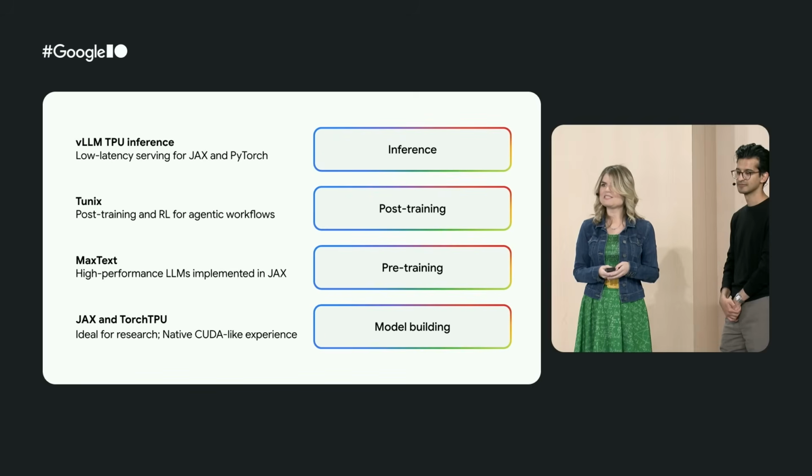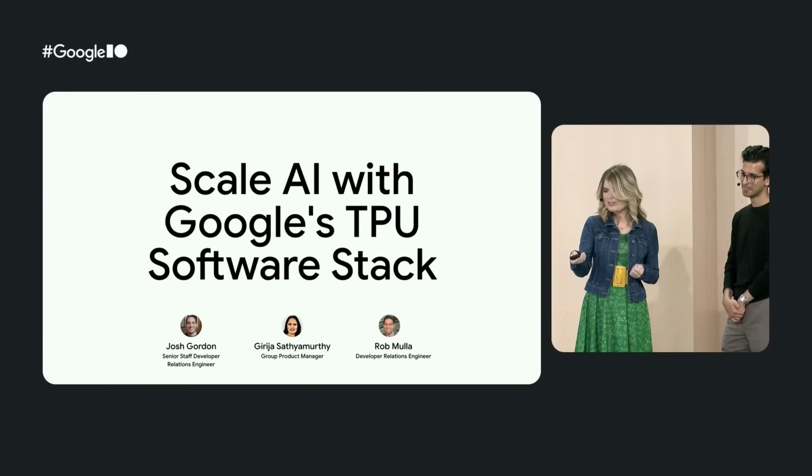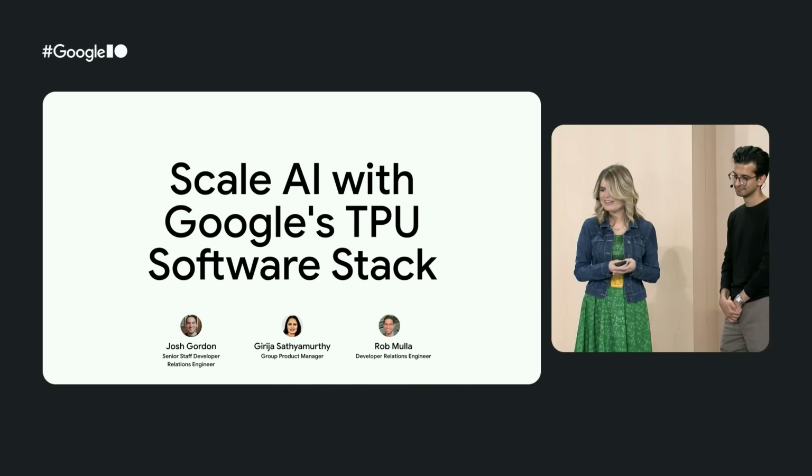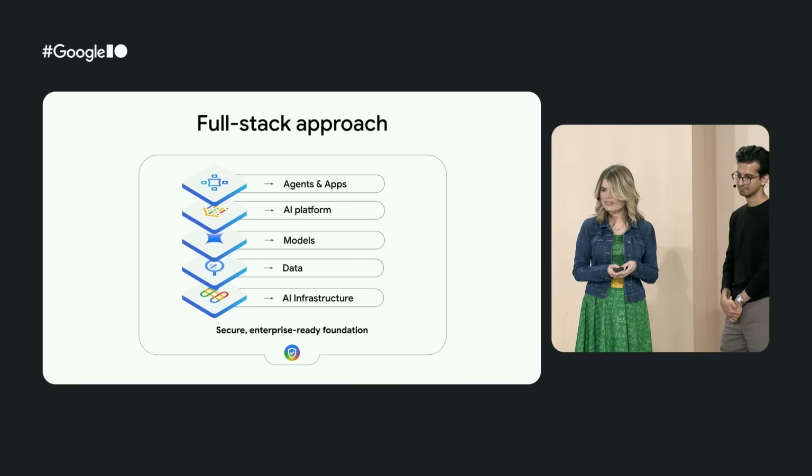It's been amazing to see how much JAX has been able to push the boundaries for every single model that we build at Google. And our DeepMind team is exclusively using JAX to build out all of its models and infrastructure. And if you're curious about that, make sure to go to Josh's session later this week, where he'll be talking about how you can scale AI with the TPU software stack.